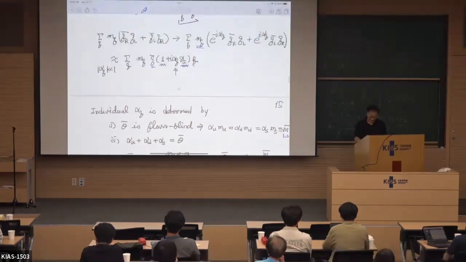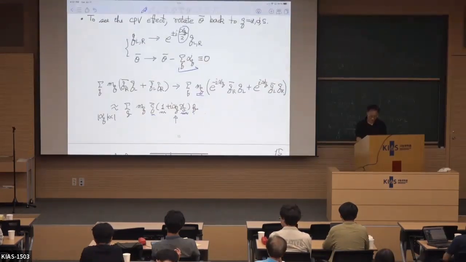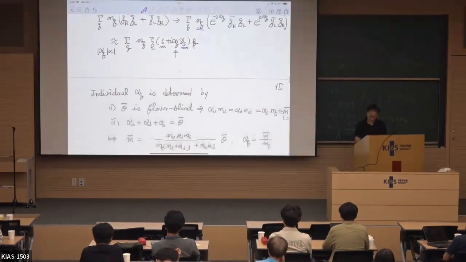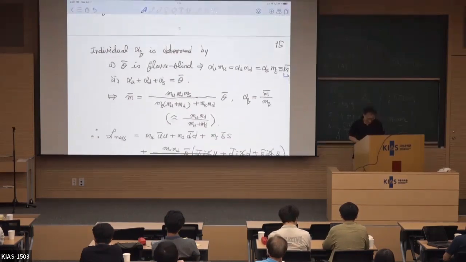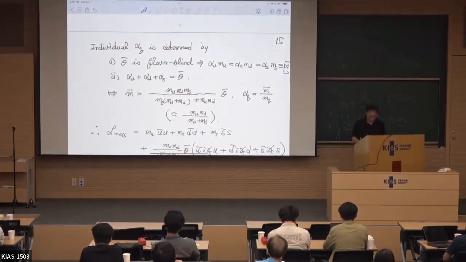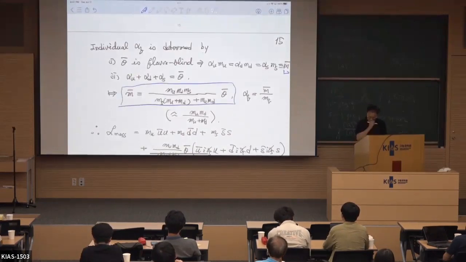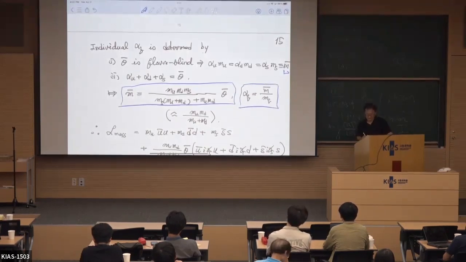And then, of course, we have to rotate away theta bar like this, so we also impose this condition. Now you can solve this: M bar goes like this, and each alpha Q is given by this expression.